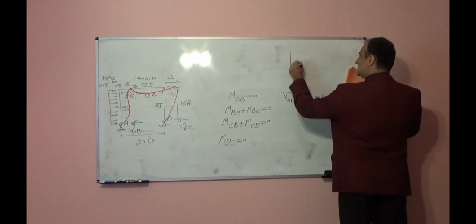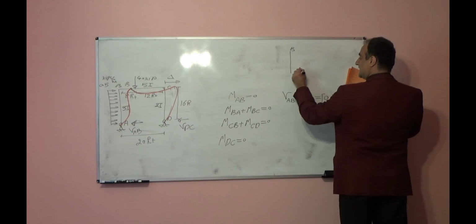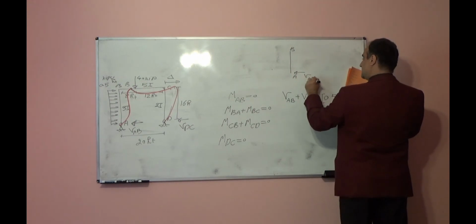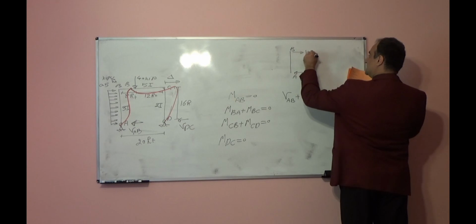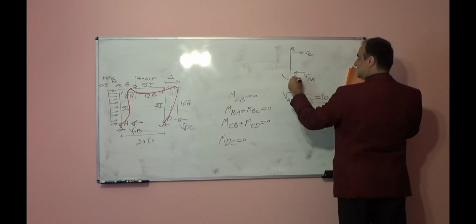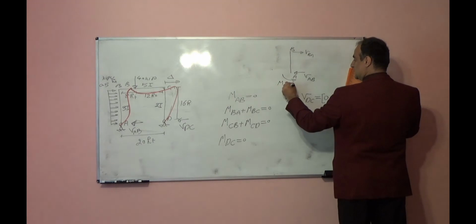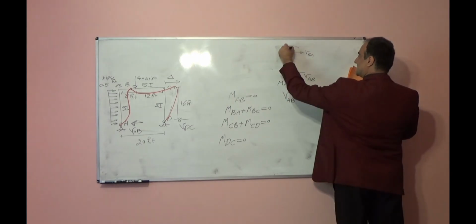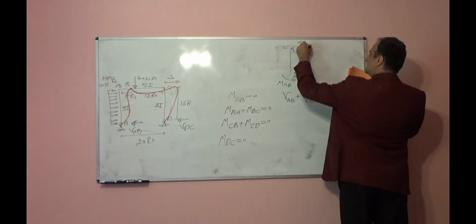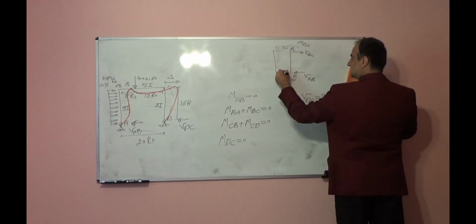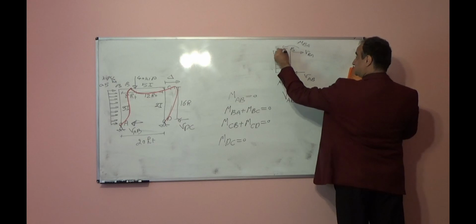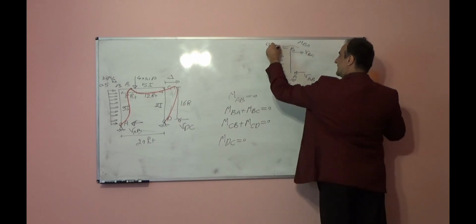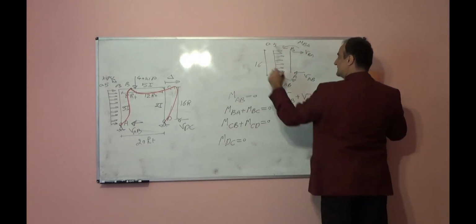Here I have VAB, on this side I have VBA, here I have MAB, on this side I will have MBA, and here I have distributed load, intensity half, the length is 16.